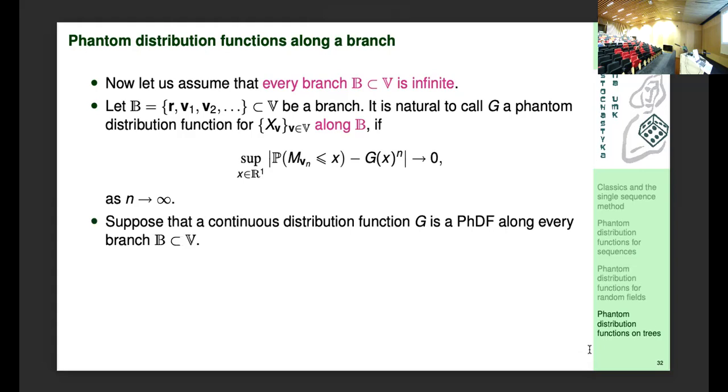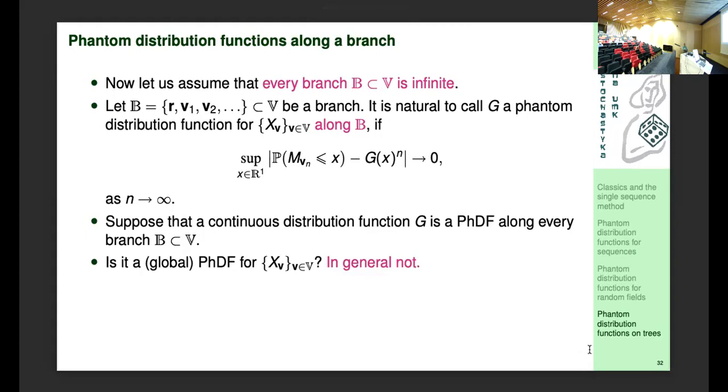And then, of course, it is a tree, so these are in the natural order, but of course there can be some other elements outside of this branch. Suppose that a continuous function is a phantom distribution function along every branch. Is it global?